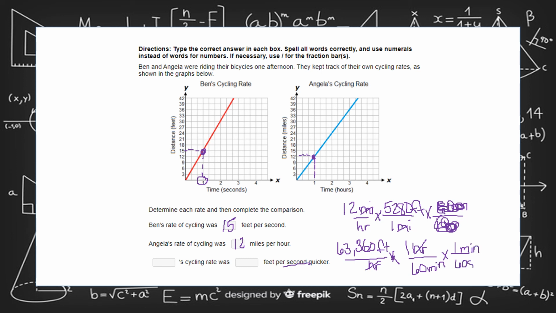That's 60. So now I will be left with feet per second. 63,360 divided by 60 divided by 60 gives us 17.6. So she was 2.6 feet per second quicker. That's Angela.